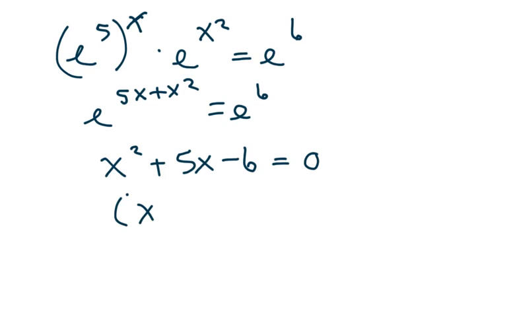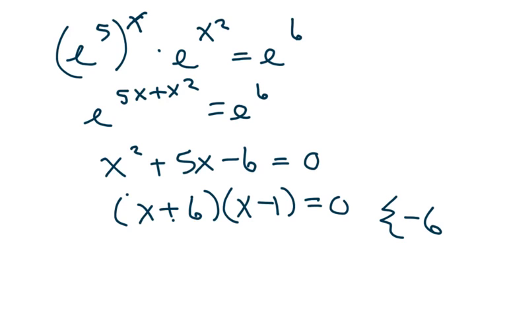That's going to be x plus 6 times x minus 1 equals 0. So your solution set is negative 6 and 1. So once you do a few of these, they're not that hard. They just look scary, but they're not that bad. And that is all.